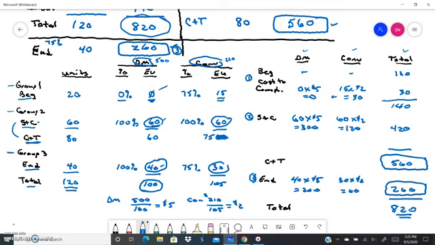So that's how we're going to do it, and that's a rather long problem. The problems that will be given on the exam would be shorter versions of this, maybe calculating the total units, maybe calculating equivalent units for either direct materials or conversion costs, or the last part, based on the equivalent units and the cost per equivalent unit, calculating the completed and transferred and ending inventory dollar amounts like we just did in this last step.